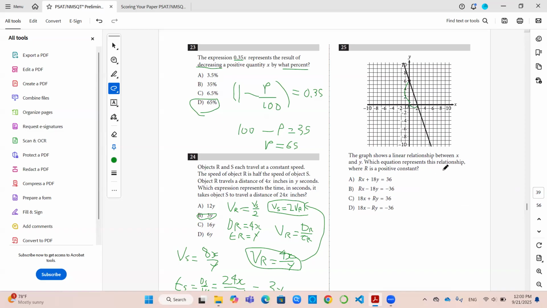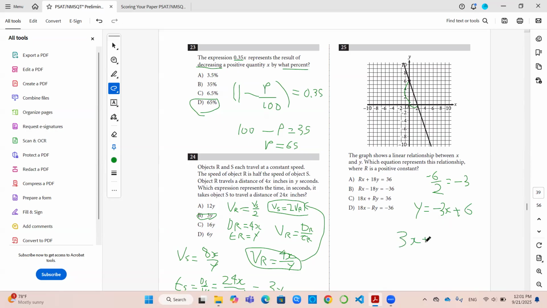And since it's a decreasing linear function, the slope is going to be, hold on, -3. And for this case, we know that when x is equal to 0, y is equal to 6.